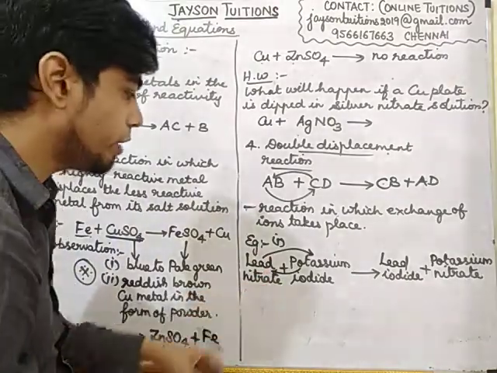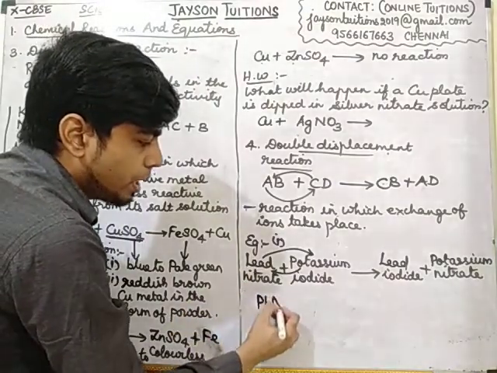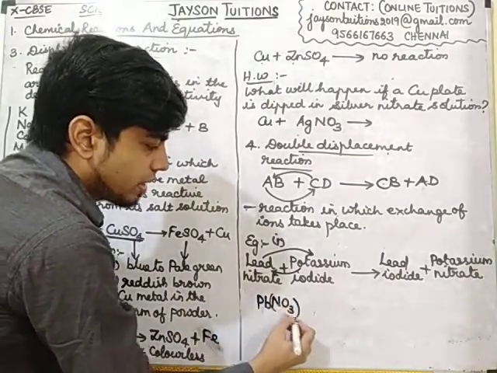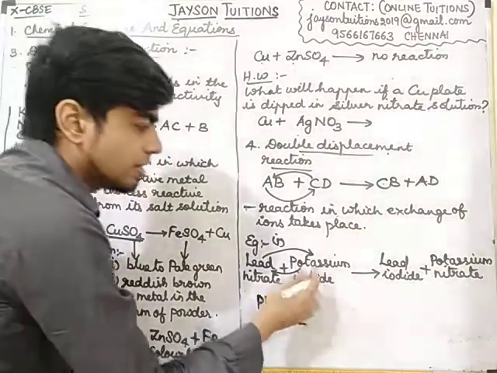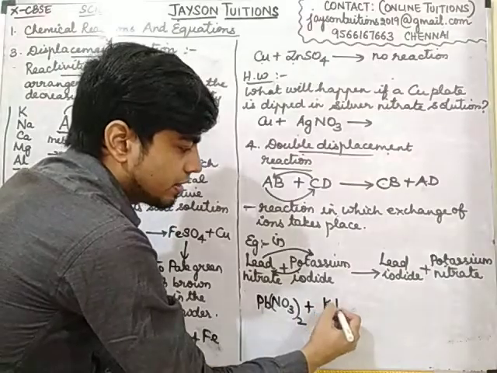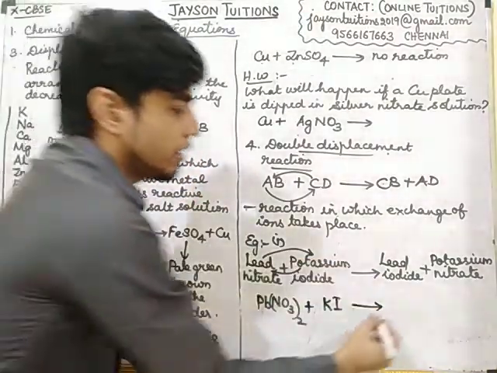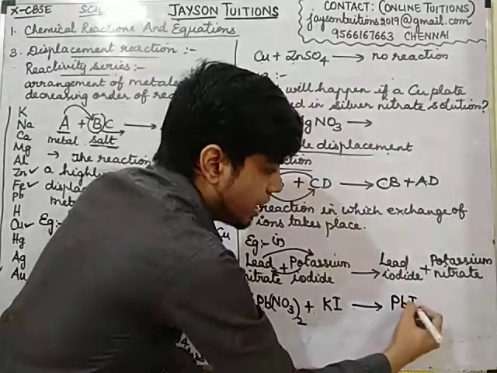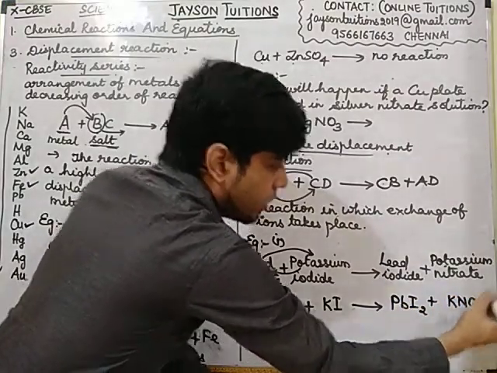So I will write the equation now. Lead nitrate, the formula is Pb(NO3)2. Potassium iodide is KI. Lead iodide, the formula is PbI2. Potassium nitrate is KNO3.